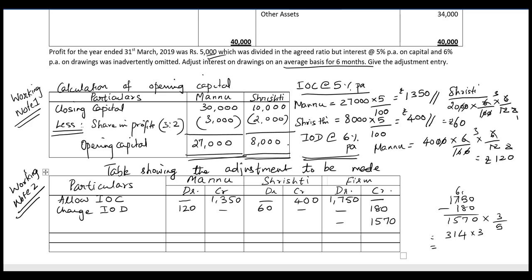For the first person, it is 942. Since I have credited firm with 1570, I will debit the partner 942 rupees. For the other person, for Shrishti, the answer is equal to 628 rupees.